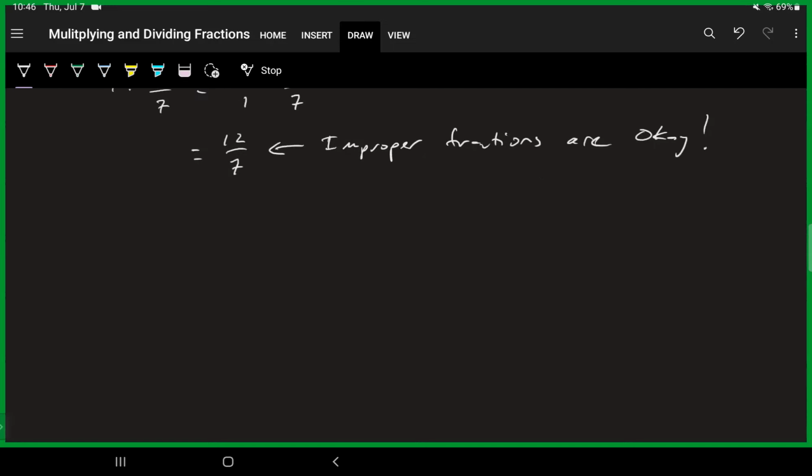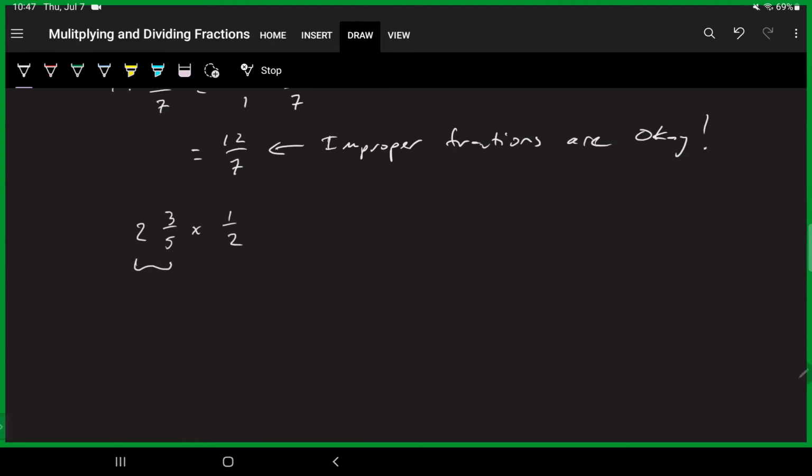The other one is, let's talk about some mixed numbers here. Let's do 2 3/5 and multiply that by 1/2. In order to multiply this, I actually do need this to be an improper fraction, because I don't have a rule that allows me to multiply a mixed number by a fraction. You might recall that it was a over b and c over d. We didn't have anything in front of either.